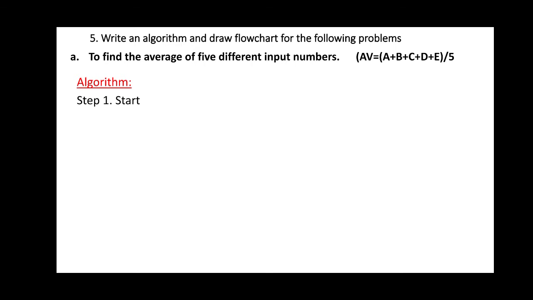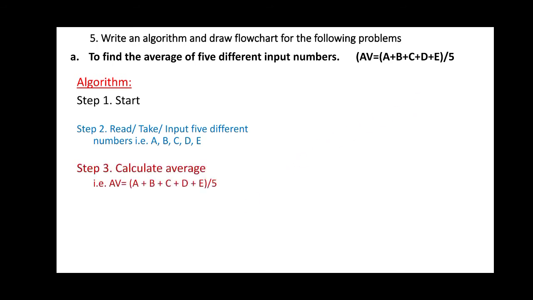At first we start writing the algorithm, and we have to take five different numbers. Because we don't know those numbers, we must ask the user to provide, supply, or input those five different numbers. So the computer will read a, b, c, d, e, and then we are going to calculate the sum.